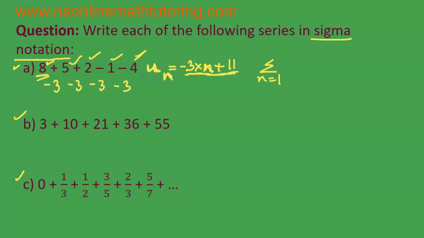This is the fifth term. Therefore, the n value will be 5. So, n is ranging from 1 to 5. And what is the expression? Negative 3n plus 11. So, this is the sigma notation expression for the subpart A series.